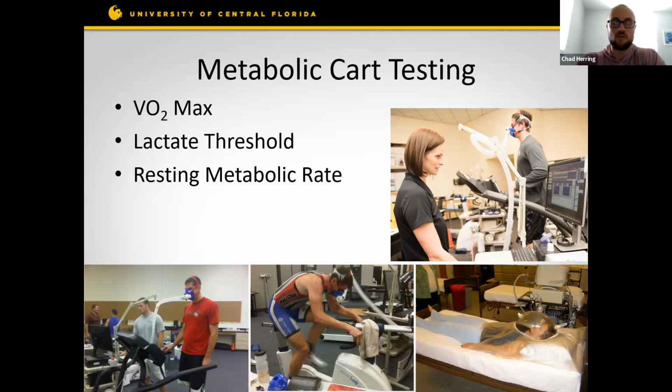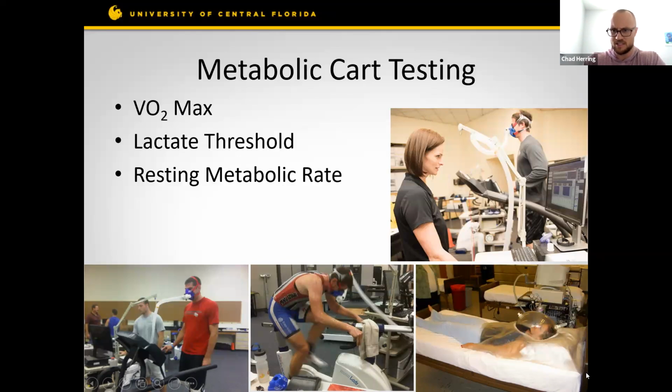Now, we could have had them run on a treadmill, which would have been fine, but they're not as good at that, so it wouldn't have been as specific a VO2 max as hopping on the rower. Okay, so the metabolic cart is basically just this little cart that you can travel around, and you can do different testing with it. I would say we primarily use it for VO2 max, but we have used it for lactate threshold and resting metabolic rate, which is what this is.